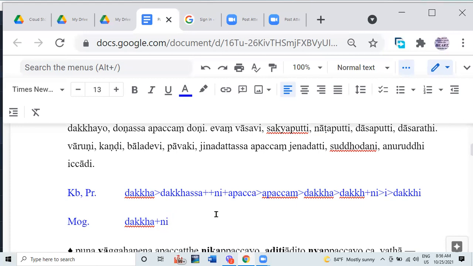This follows your way: dakkhasa plus ni and pacha, and then this becomes dakkhi. This means the ni is between the stem and the pacha abhaja.